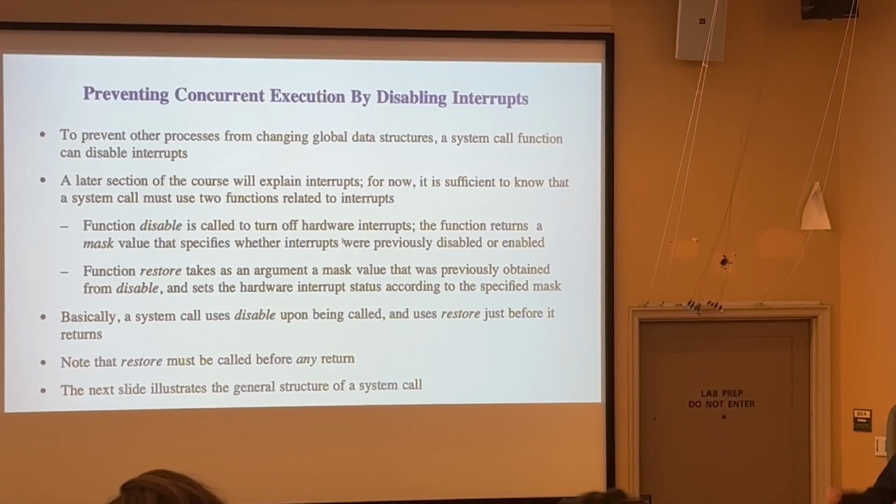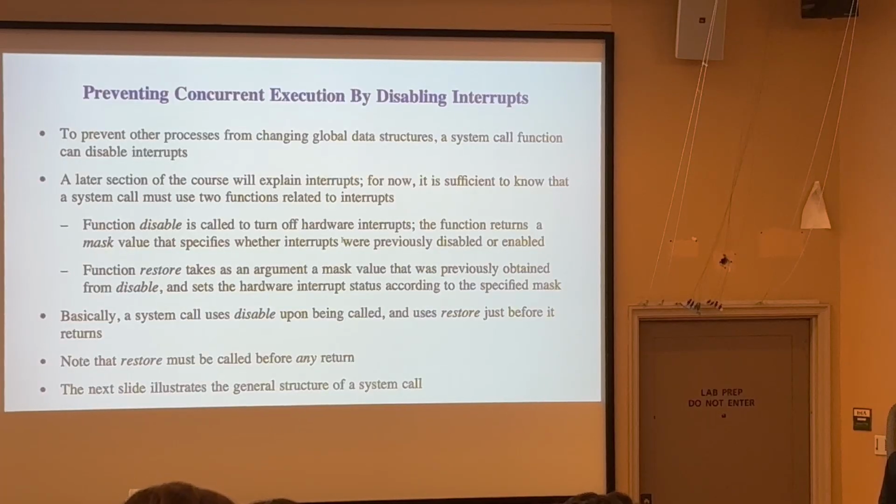This design allows the process to remember the previous interrupt flag. When the process disables the interrupts, it does not just want to disable them. It wants to remember what the interrupt flag was previously. It might be disabled, it might be enabled.